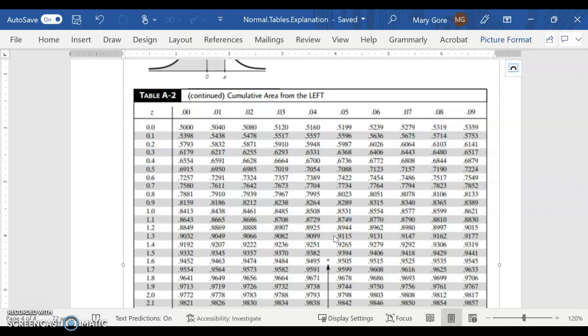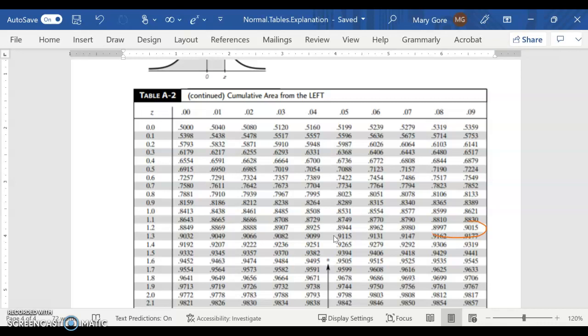And I see here that we have a battle between these two numbers, right? Somewhere between 0.8997 and 0.9015. We never achieve exactly 0.9, and this is one of the limitations of the table model, is they can't put every possible thing there. They've done the best they can here. So we have to choose one of these two to be as close as we can imagine to 0.9000.